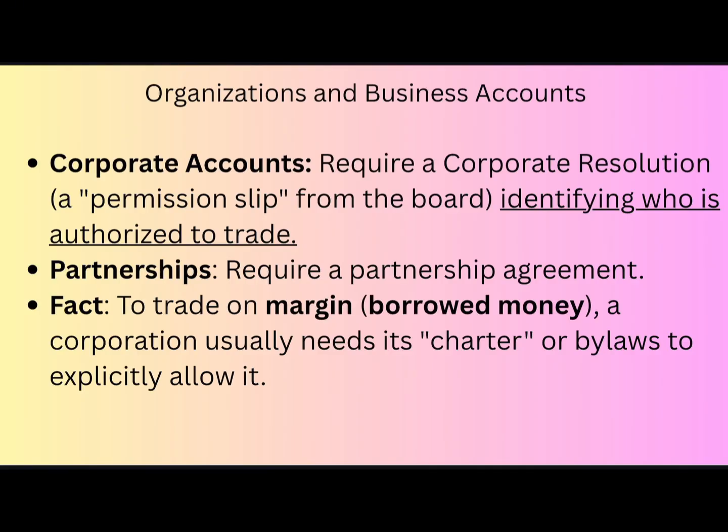So for accounts for organizations, you have corporate accounts, where a corporation is a legal entity that has been organized for a purpose, usually to be a business. Corporations are run by a board of directors.